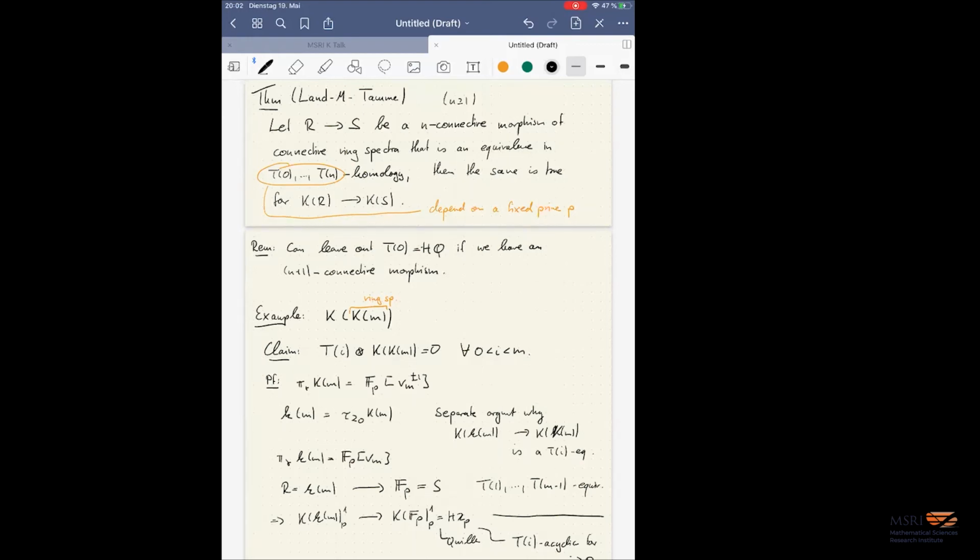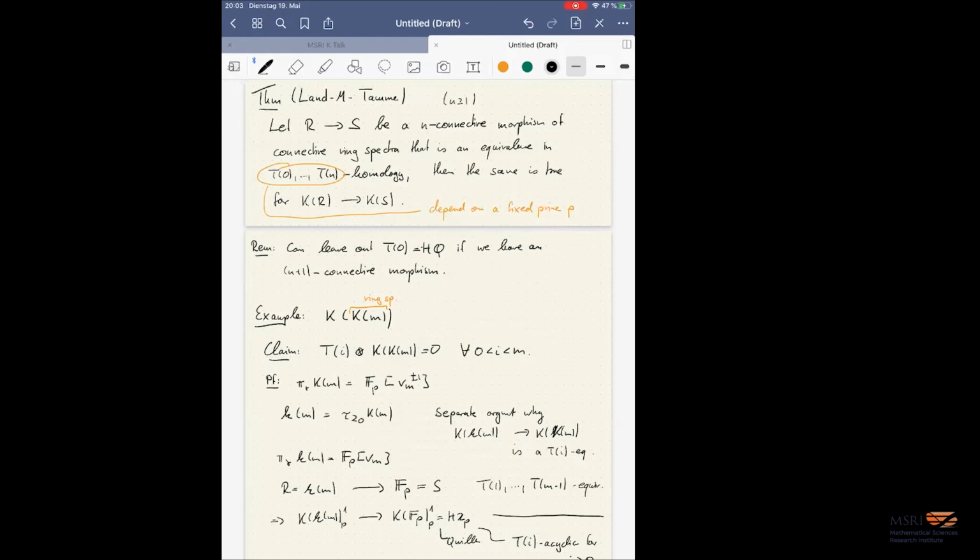What tensor unit? These are just ring spectra, so there's no tensor unit. So yeah, I'm not sure the connectivity can be so easily translated unless you remember the pointedness, namely that they are pointed by R respectively S.